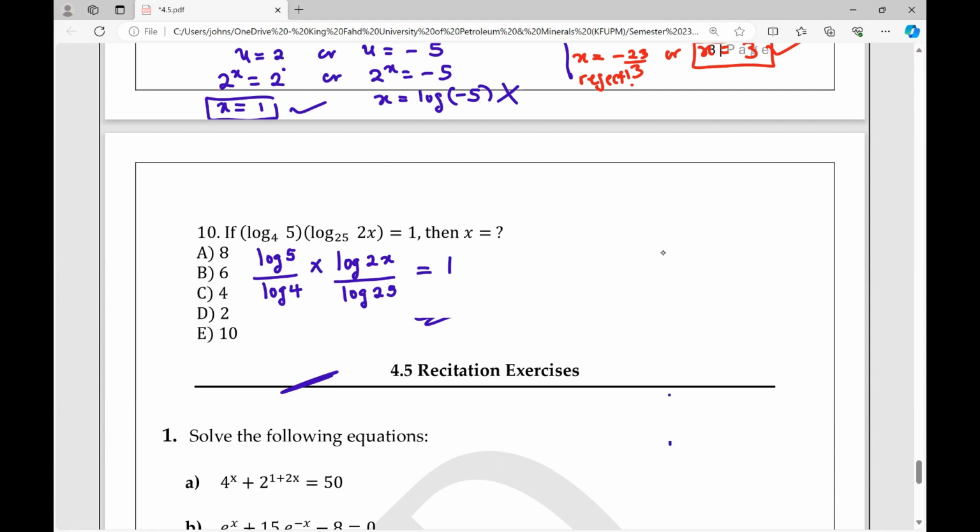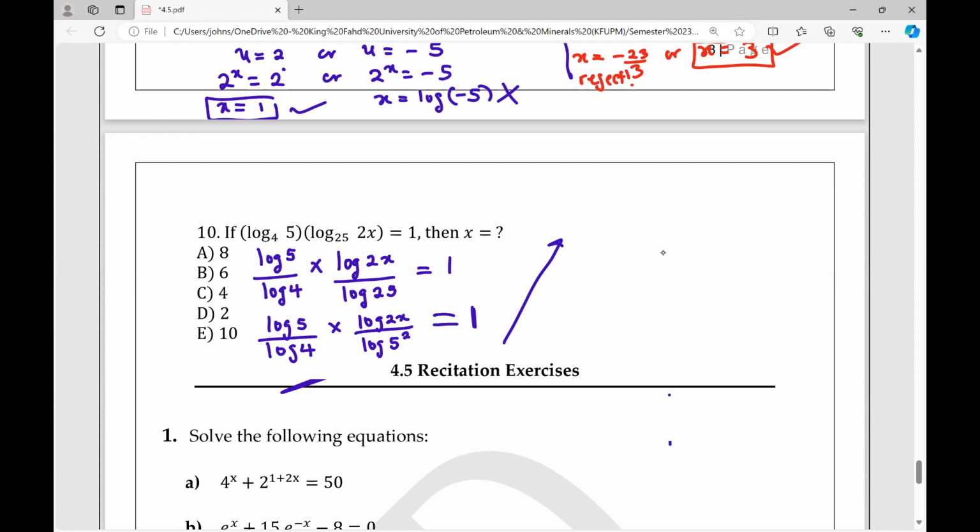Now we can write this as log 5 over log 4 times log 2x over log 5 to power 2, and everything equals 1 on this side.